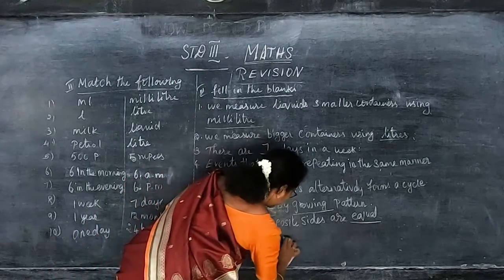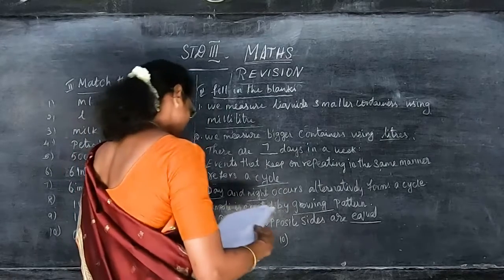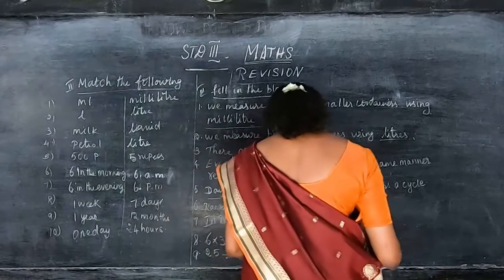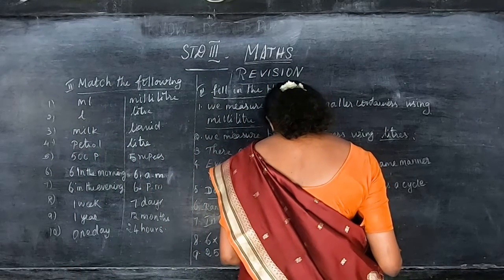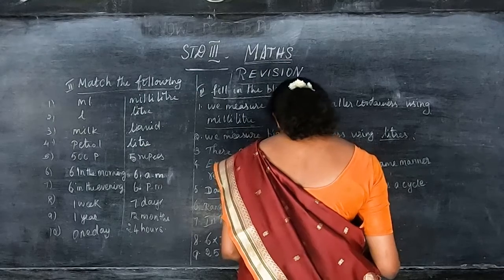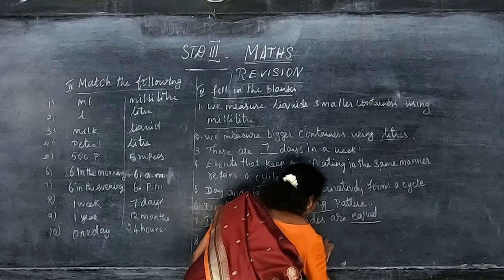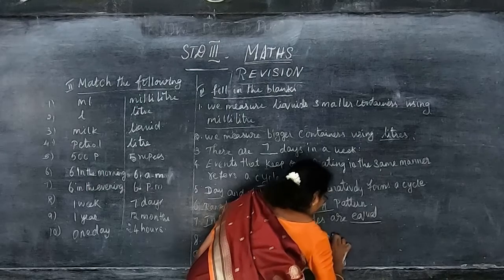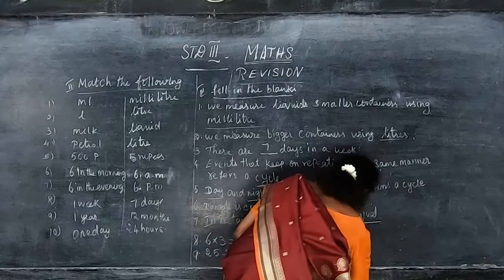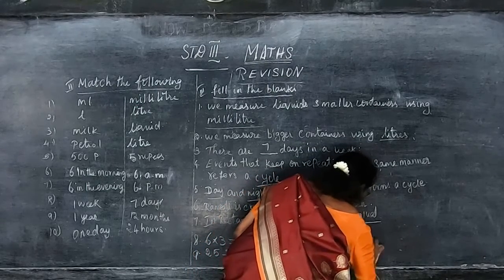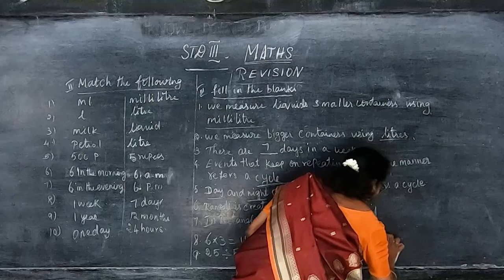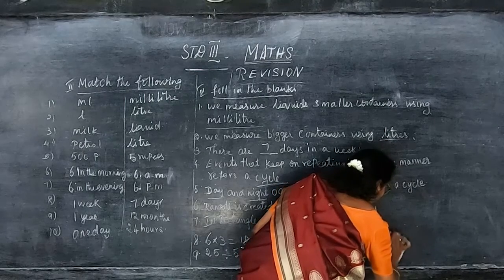And the tenth one is square, there are 2 diagonals.